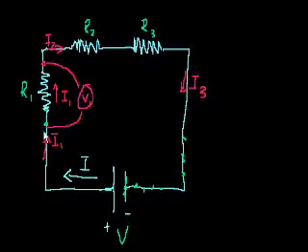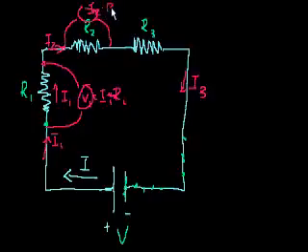Well, V1 is going to be equal to I1 times R1. I1 times R1, right? And similarly, if I measured the voltage from here to here, that voltage is going to be equal to I2 times R2.